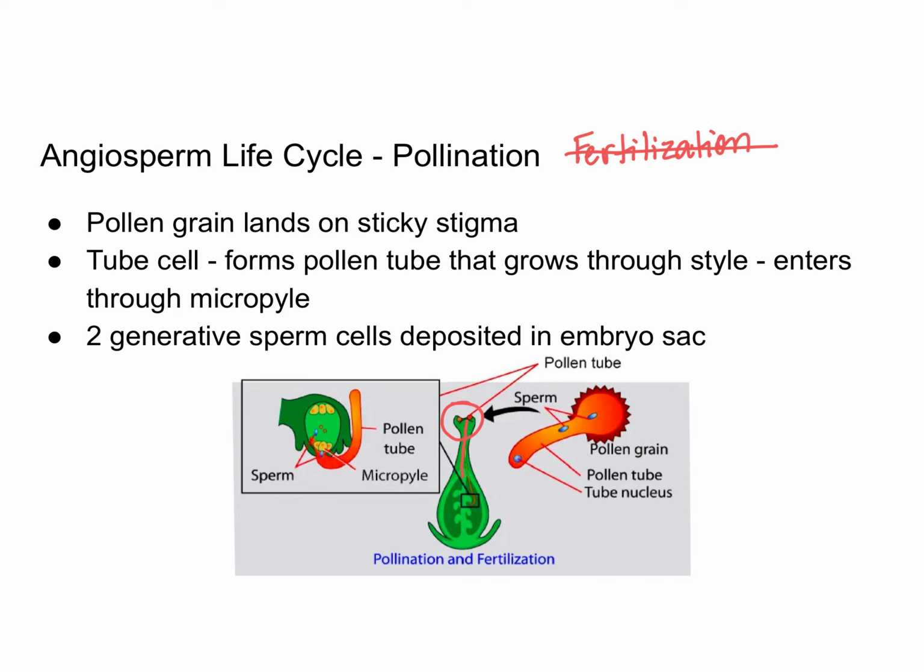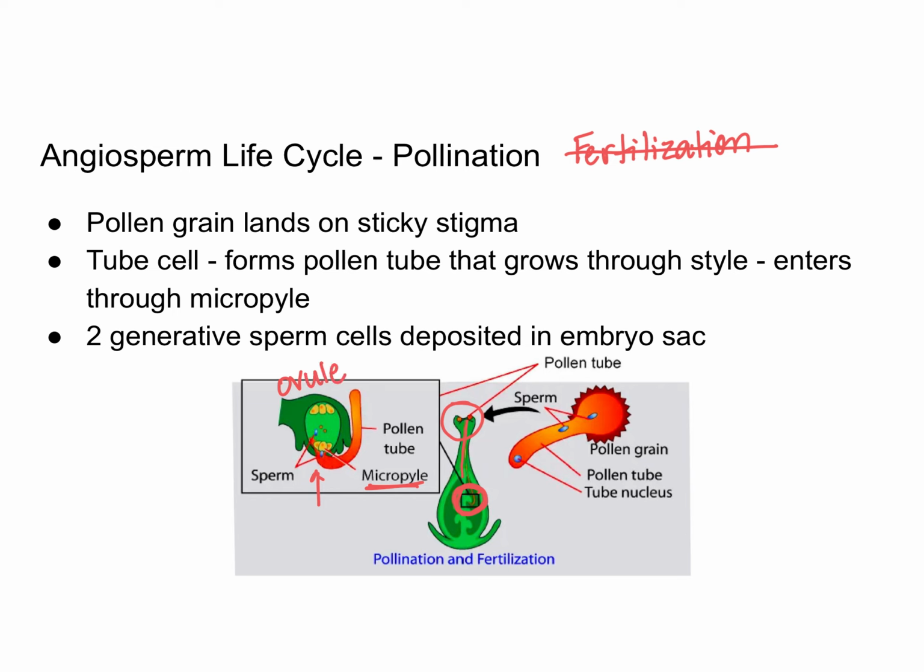And ultimately, this pollen tube is going to form a pathway through the micropyle. And if we look closer at one of these ovules here, the micropyle is just this opening at the base of the ovule.